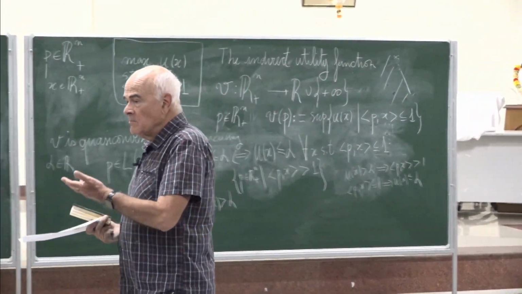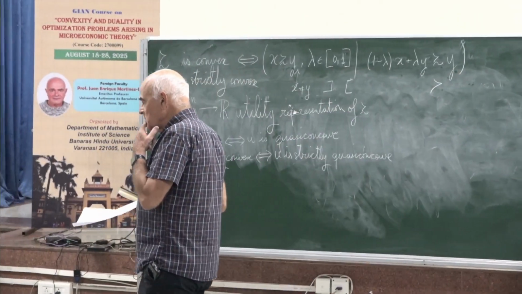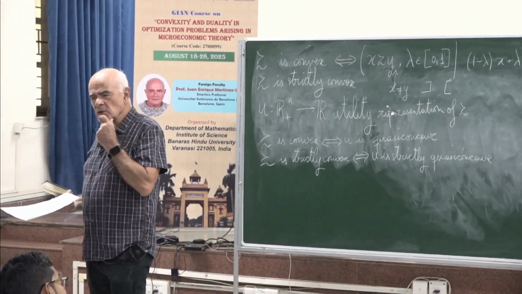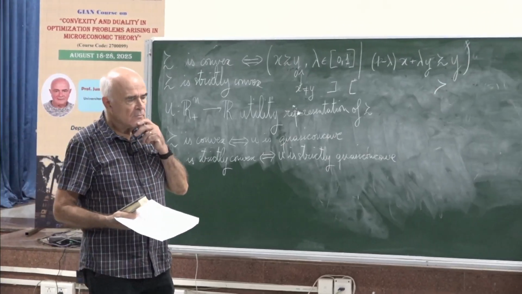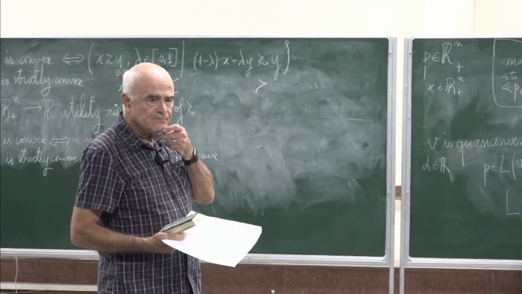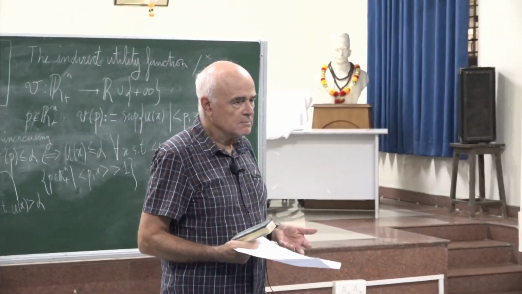And in those times, even convexity already existed, because in fact it was a notion, I think, introduced by Fenchel himself. I'm not sure now. Yeah, Fenchel, in the 50s, but it was not popular.